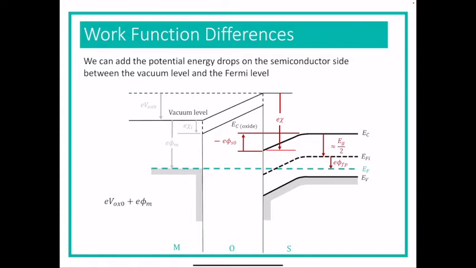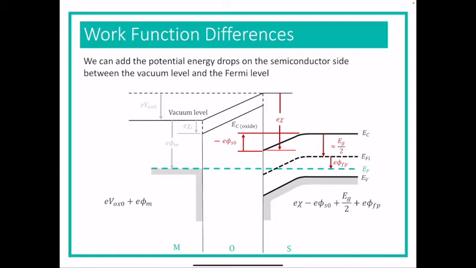Then we go up this work function at the connection surface, and then we drop energies down to the Fermi level. So when we add them all up, we do have a negative sign for the work function at the connection surface between the bulk semiconductor and the oxide, and that's because we're using it as an energy rise in order to make the equation work out.